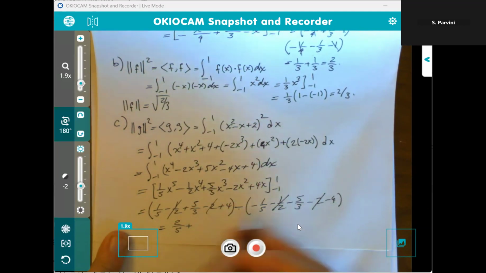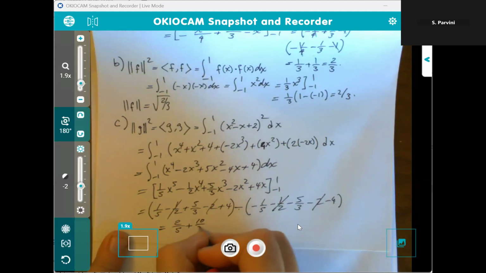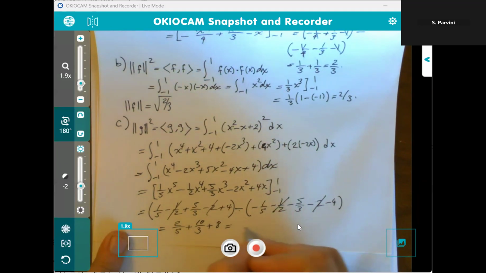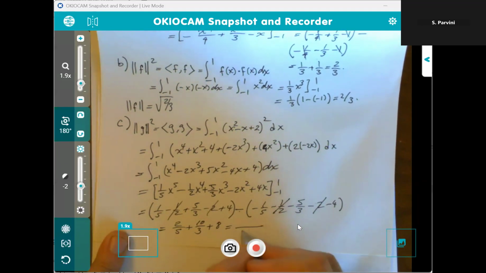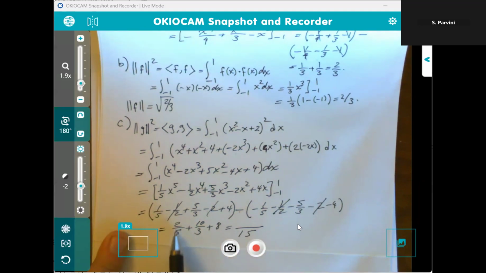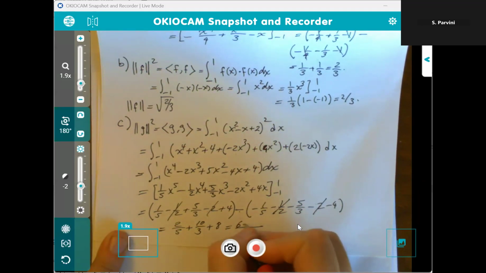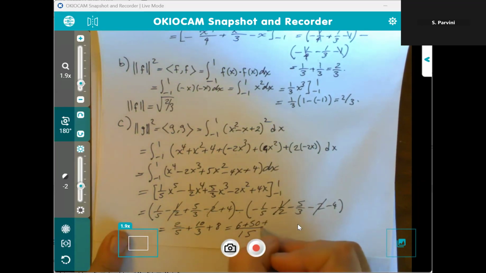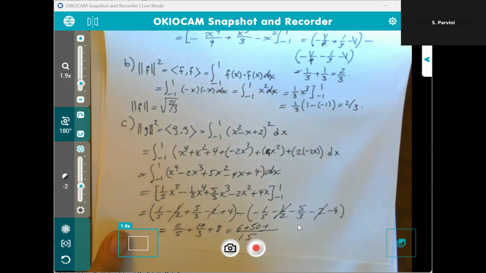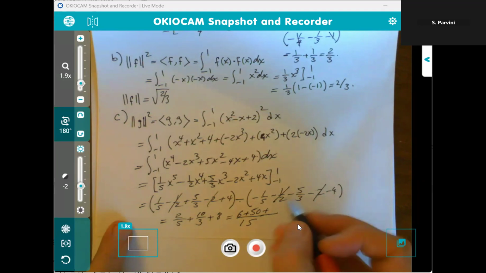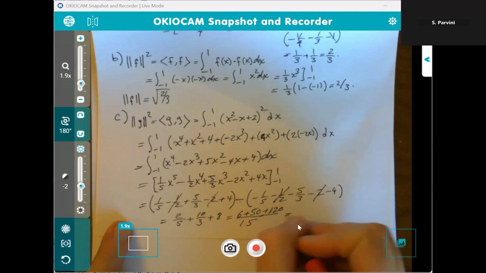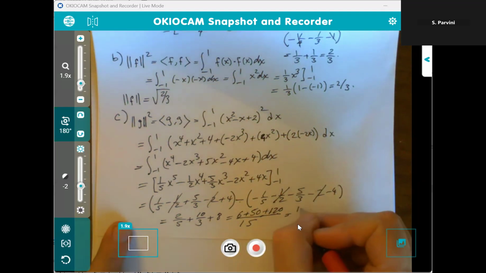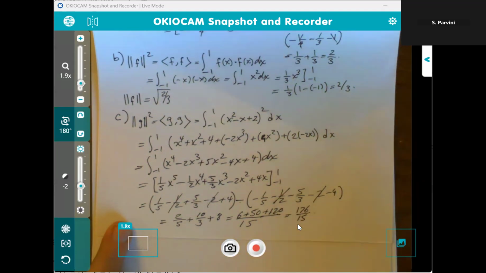And 5/3 and 5/3 makes 10/3. 4 and 4 makes 8. The LCD is 15. Right? So I multiply the top and bottom of the first fraction by 3, the top and bottom of this fraction by 5, and the top and bottom of 8 by 15. 8 times 15 is 120. So we get 176/15, unless I made an arithmetic error, but it looks pretty good.